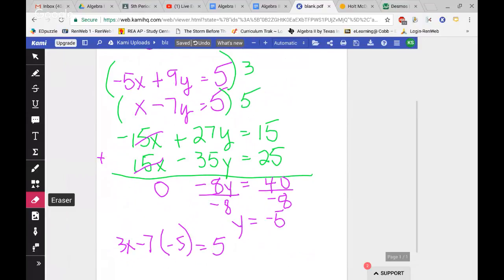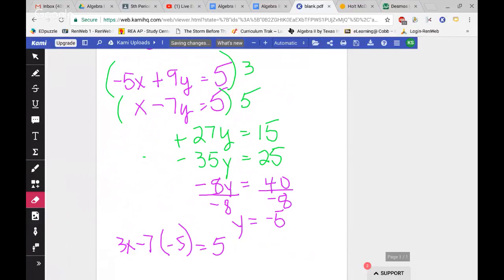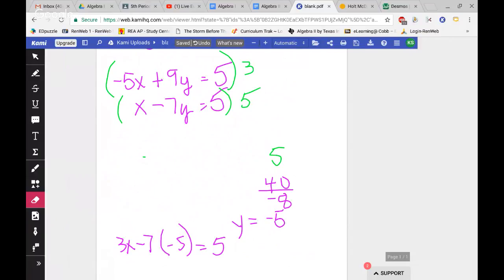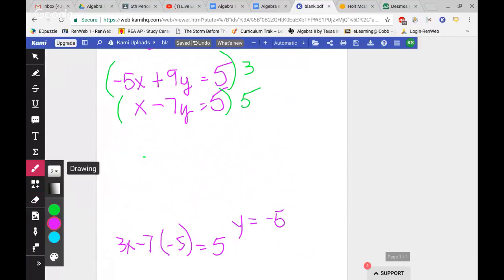I'm going to erase some of this up here so I have a place to write. So that gives me 3x, a -7 times a -5 is plus 35, equals 5. I subtract 35 from both sides.